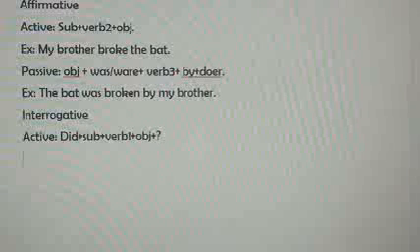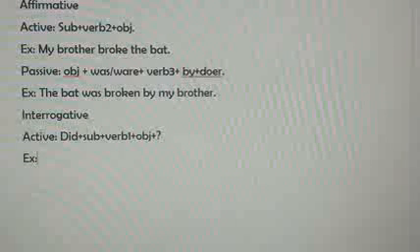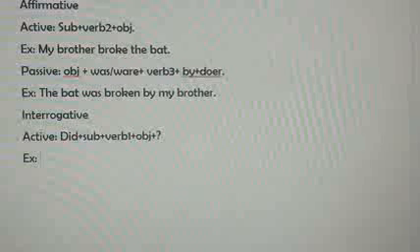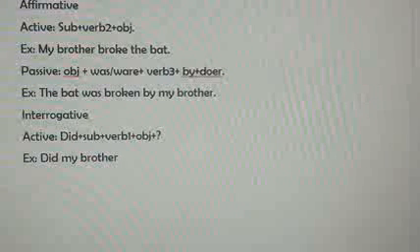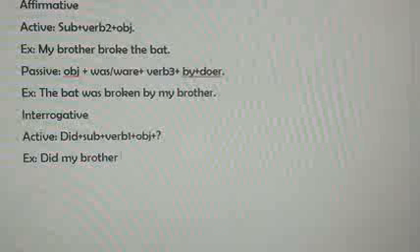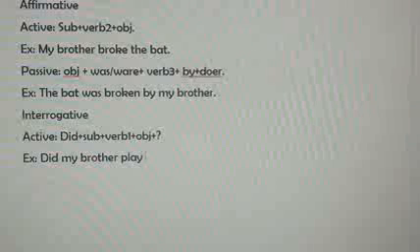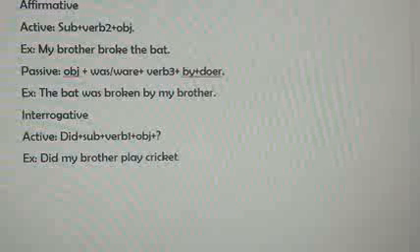Let's see the example. Did my brother play cricket?